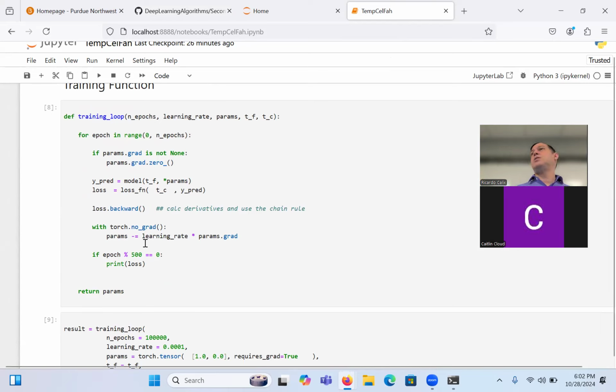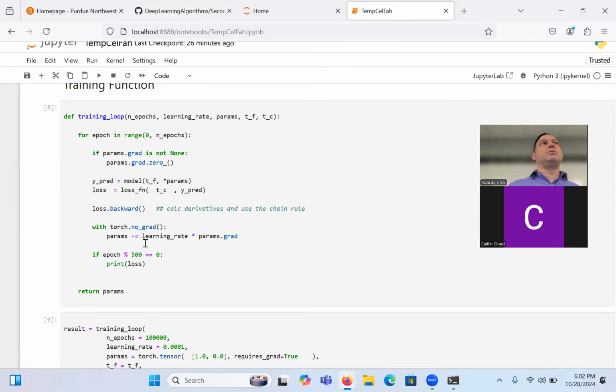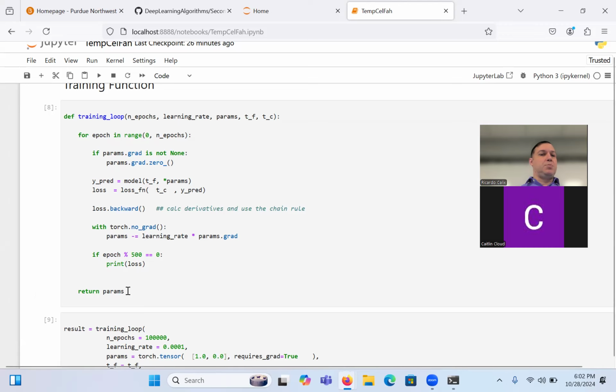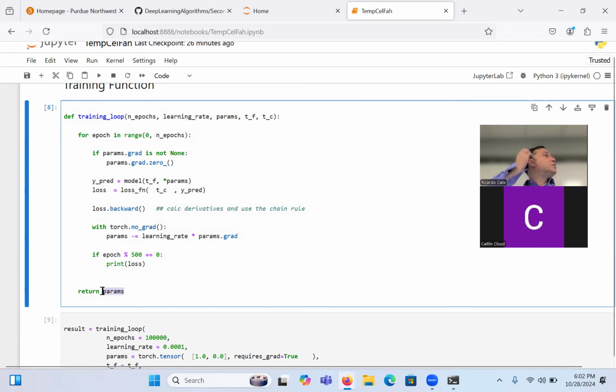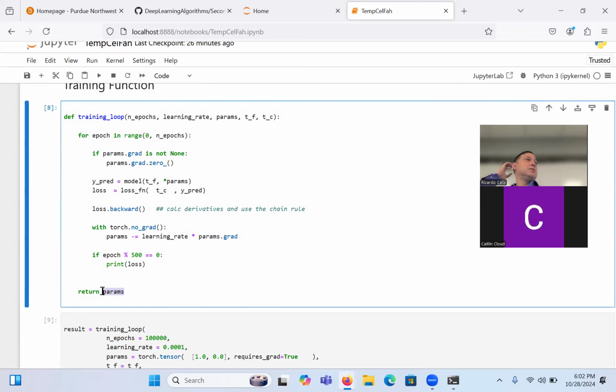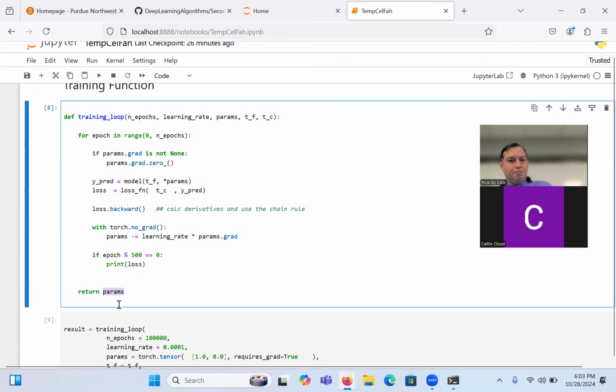Imagine that this was a ChatGPT. It took $8 million and 6 months to train. But really what you want is these params. Obviously, you wouldn't just have 2, you'd have millions, or even billions, of parameters. And that's what gives the intelligence to the network, because that W and B is what it uses to predict.